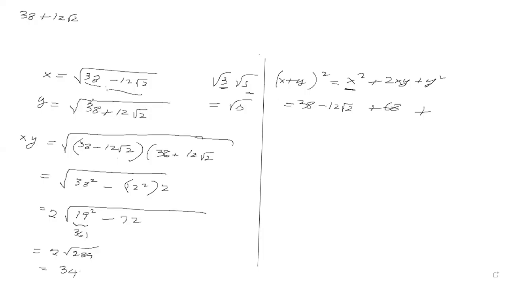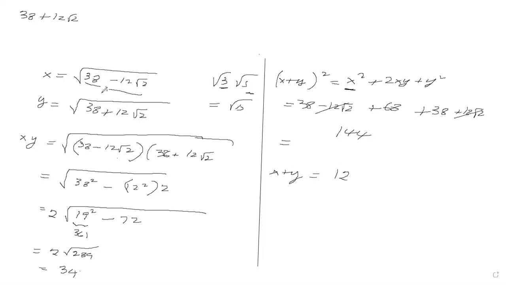When I square y, I'll get 38 plus 12 root 2. See? And happily, the minus 12 root 2 plus 12 root 2 cancels. And you have 38 plus 68 plus 38. So you get 76 plus 68, which is 144. Ah, that's a nice number because the square of this is 144. So lo and behold, x plus y is 12.